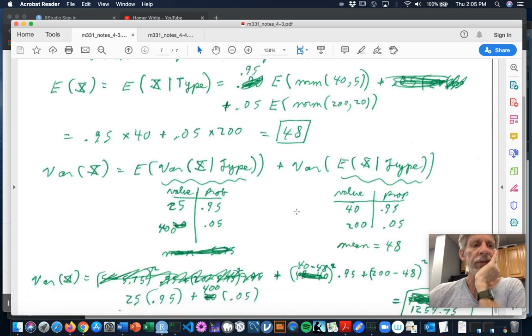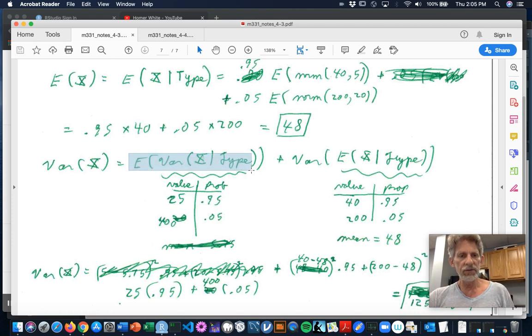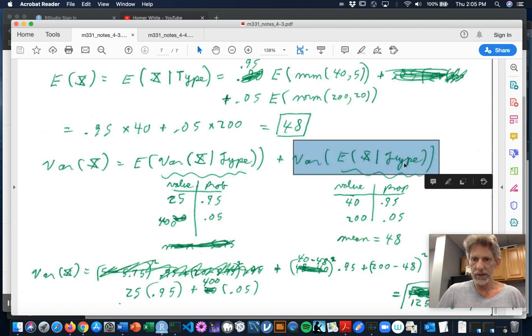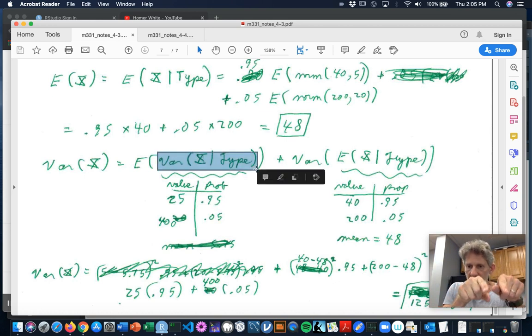Now let's go for the variance of X. So that's the expected value of the variance of X given type plus the variance of the expected value of X given type. Before I can get this kind of quantity, I really have to understand that that is a random variable and what its distribution is.